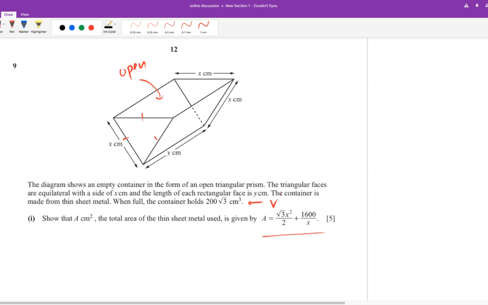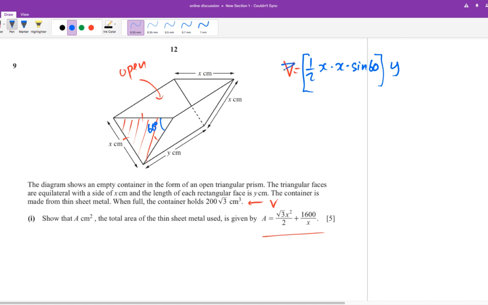Okay, so I will do the volume first. This is a prism, so in order to find the volume, we have to find the area of one face and then multiply by y. This is the logic. For this equilateral triangle, I know the angle here is 60 degrees. Then I use the triangle formula, half ab sine 60, which is the area of the triangle, and then multiply by the length, which is y.